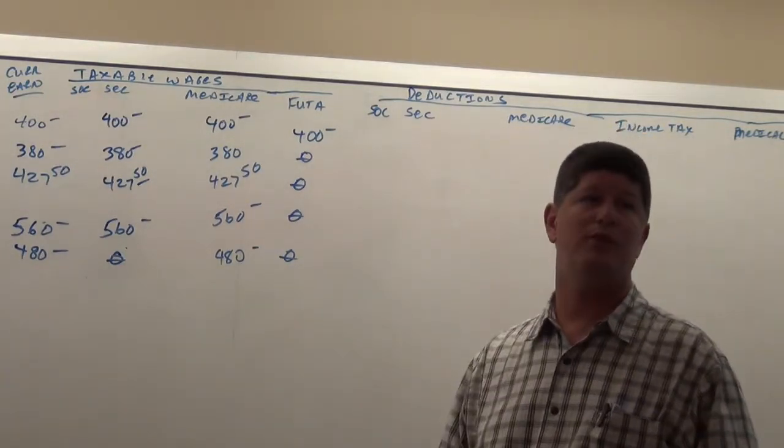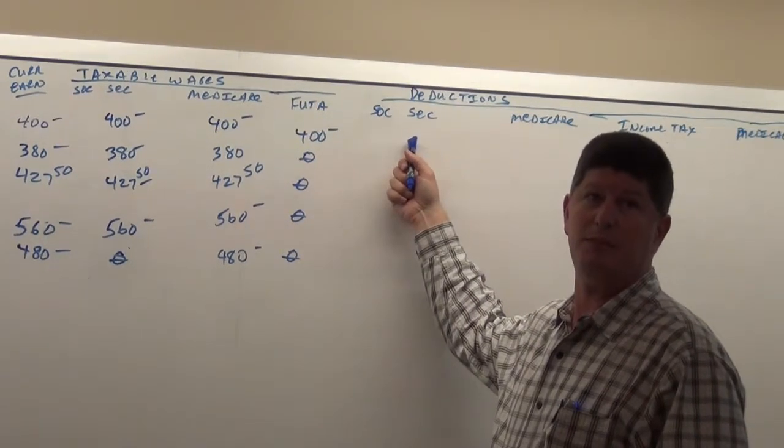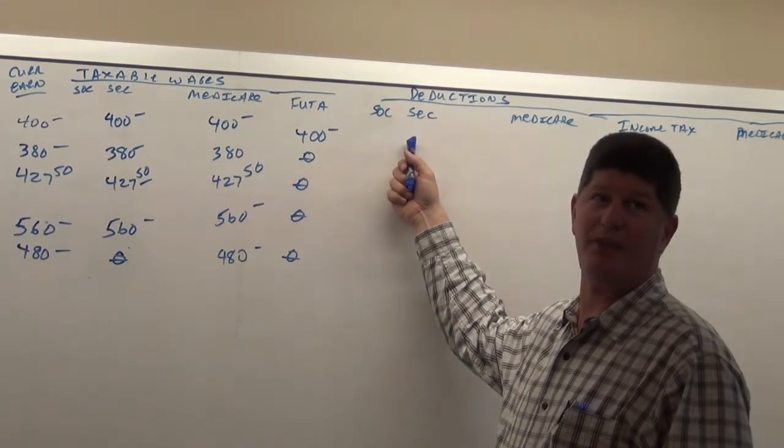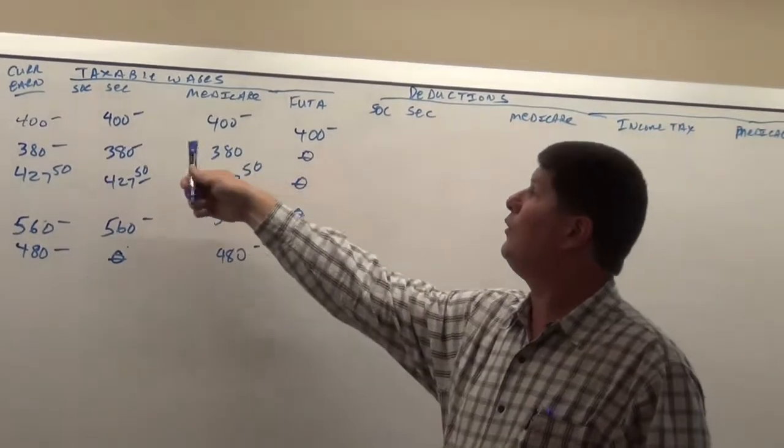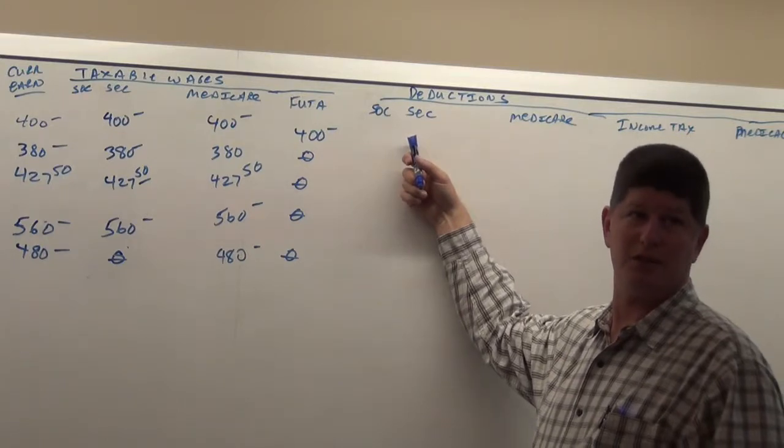Okay, so here's where we do the math, and we actually calculate the deductions. You guys are quick on your feet with the math tonight, so here we go. 400 times, what's the Social Security tax rate? 6.2.